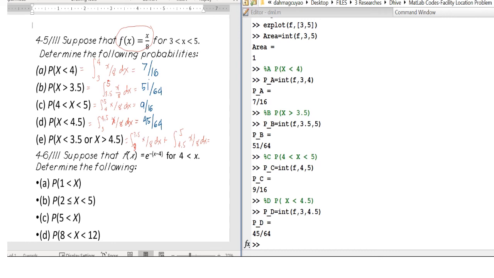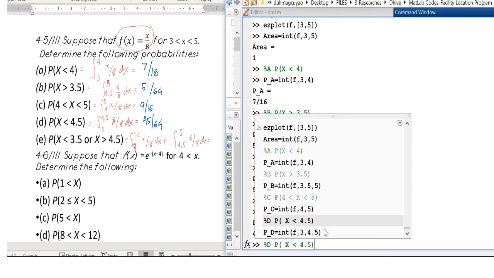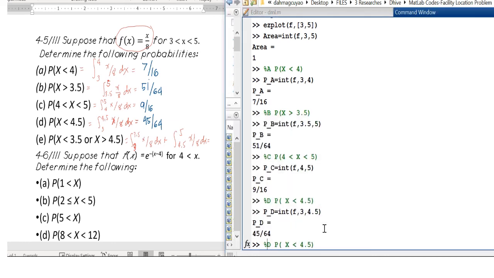For letter E, it is the probability that x is less than 3.5 union with the probability that x is greater than 4.5.